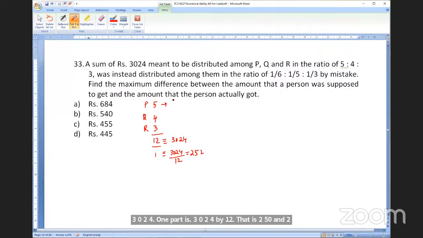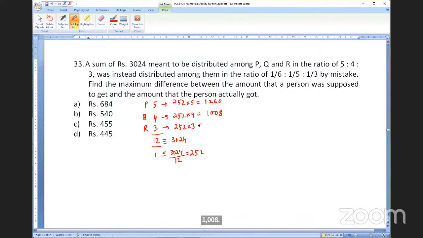So P was supposed to get 252 into 5, that will be 1260. Q was supposed to get 252 into 4, 1008. And R should get 252 into 3, that is 756. This is what they were actually supposed to get.